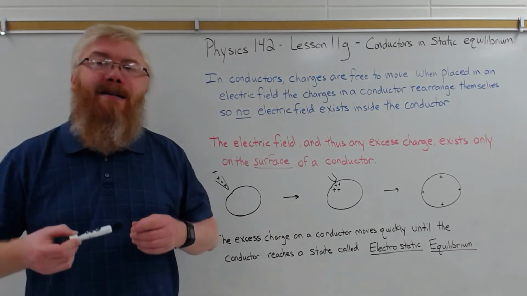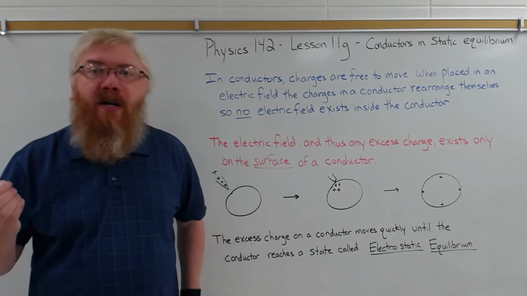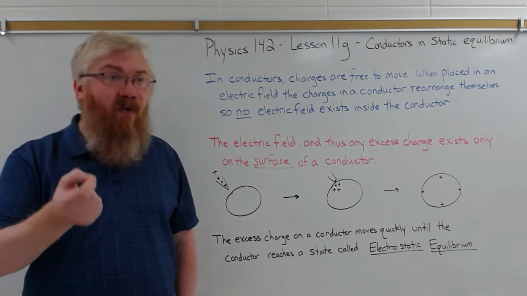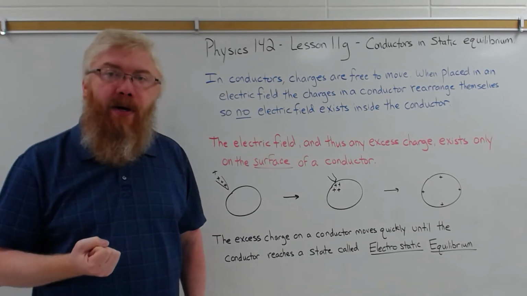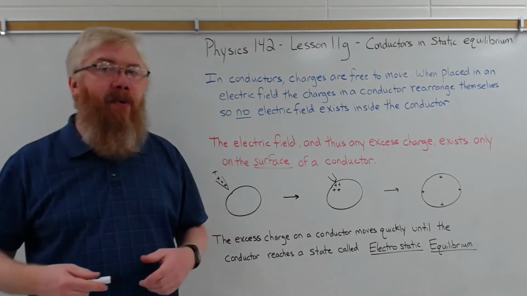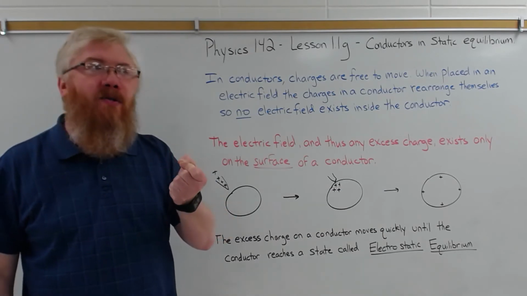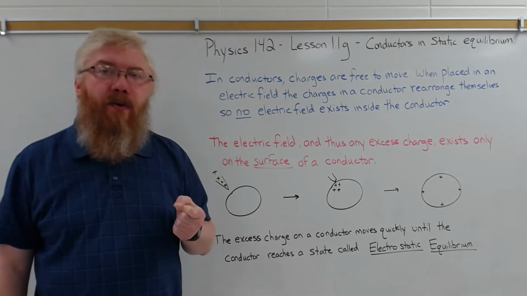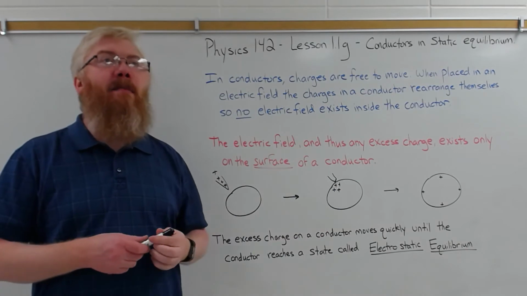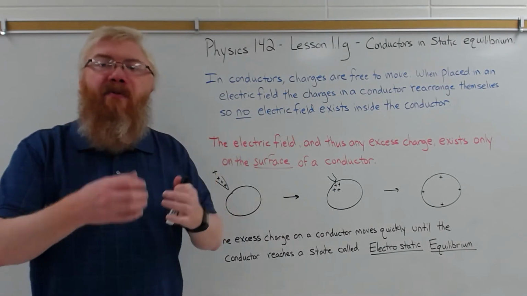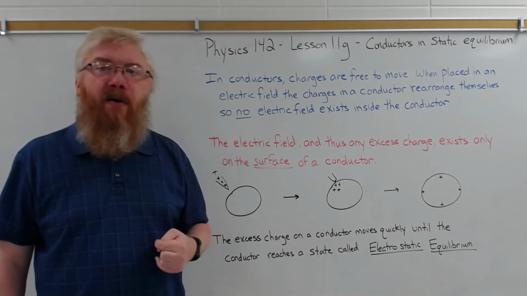But in a conductor, the definition of a conductor is that the charges are free or fairly free to move about inside that material. Like in iron or copper and aluminum, these are materials where the electrons are very loosely bound, so they're free to move about basically inside that metal. Think of them as a soup of free electrons that can easily move about inside that conductor.